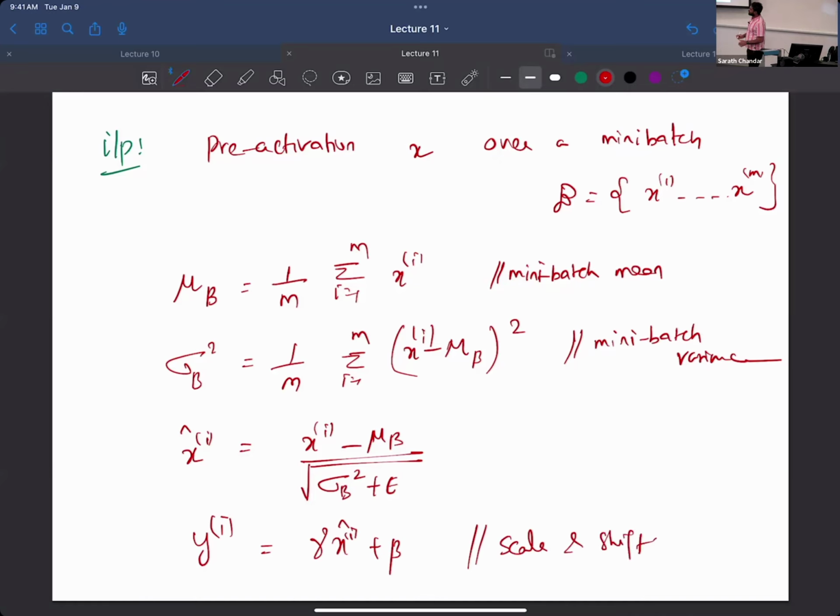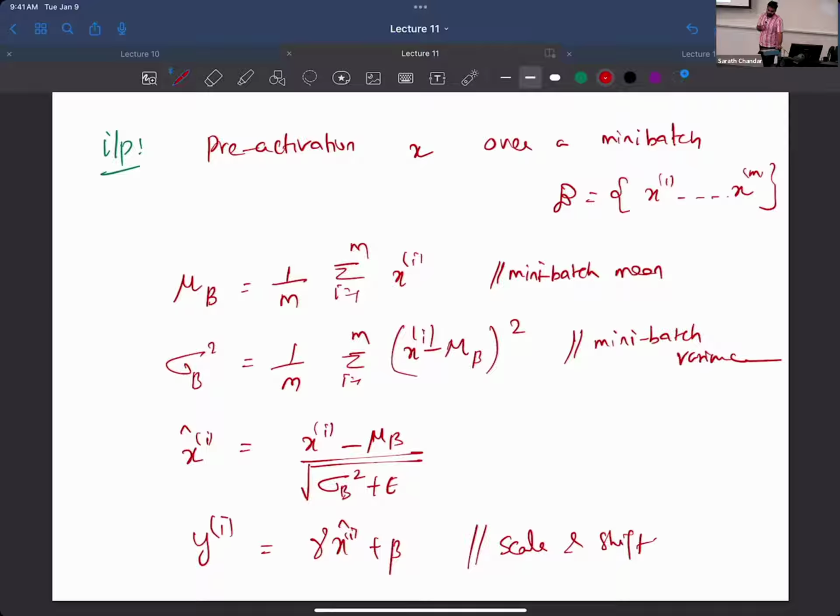Gamma and beta are learnable parameters, the parameters of the batch norm layer. You learn these through gradient descent, and the idea is if the problem really requires a different range, then gradient descent will learn those gamma and beta and reverse the normalization that is happening.